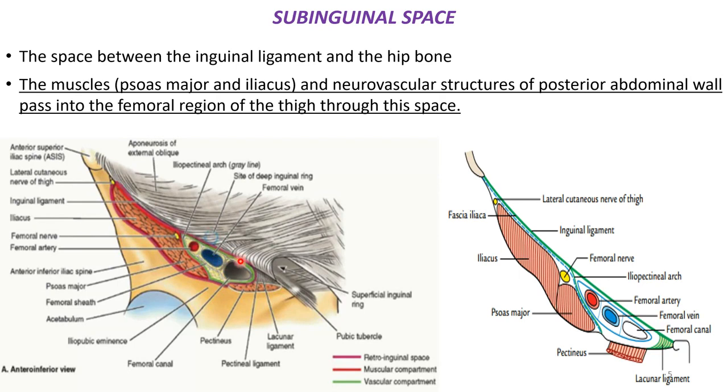And then you can see medially there is a passageway that we call the femoral canal. Okay. So below the inguinal ligament, medially, we have those vessels and the passageway that we are calling the femoral canal.